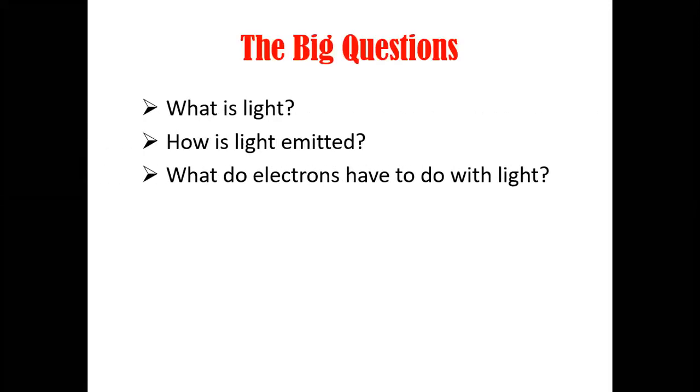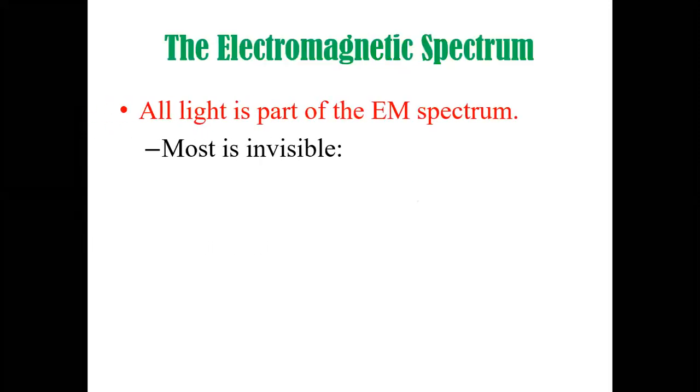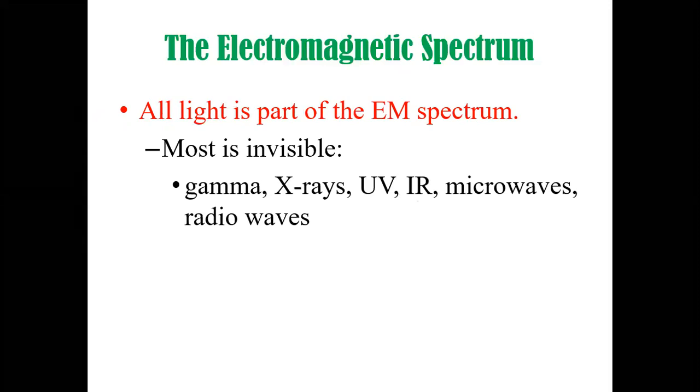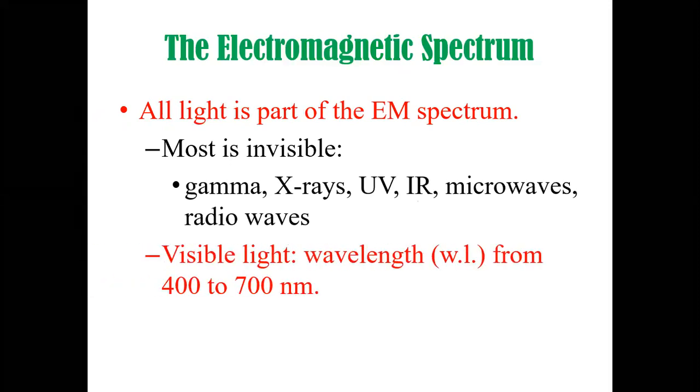Now I would like to discuss the theoretical background of this flame test, which is important to understand the procedure. Electromagnetic spectrum: when a charged particle is vibrating, we can expect the production of electromagnetic wave or electromagnetic radiation.